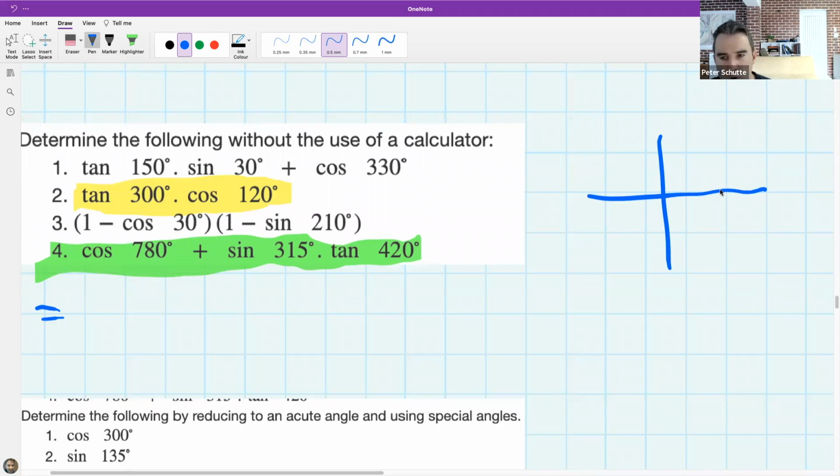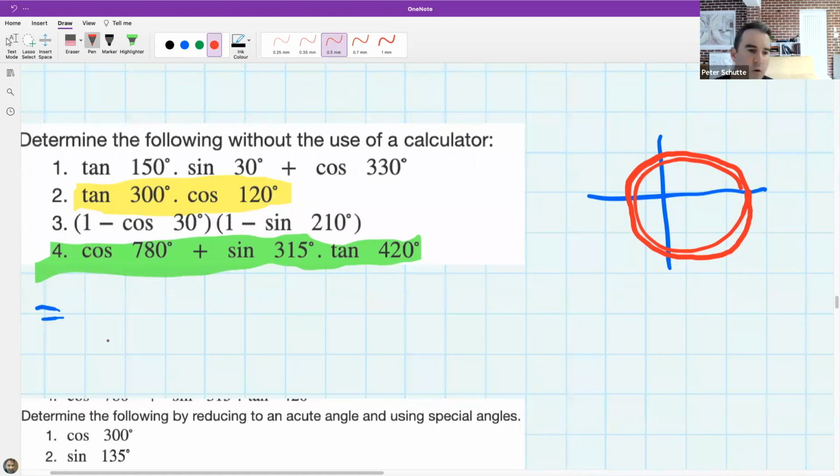If I start with 360 and go round again, what do I get to? 450. Yeah, but if you keep going, if you add it in your calculator, what's 360 plus 360? 720.